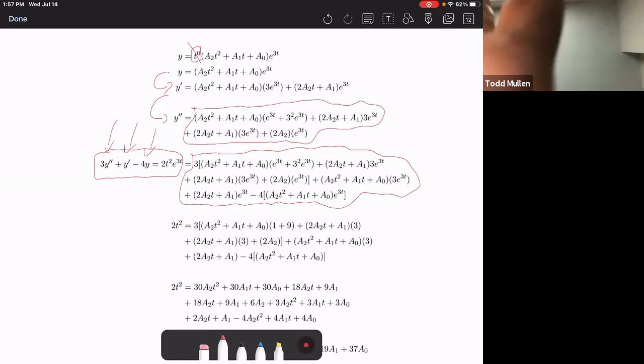But you'll notice that 3 times y double prime, that is all of this here. And you can check to see if that is exactly what is written for y double prime. And then we add that to y prime, and then we subtract 4 times the original function y.